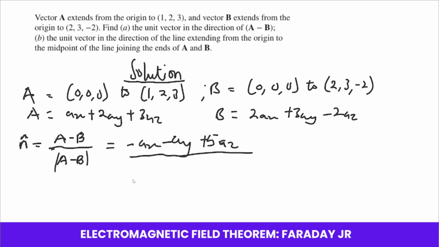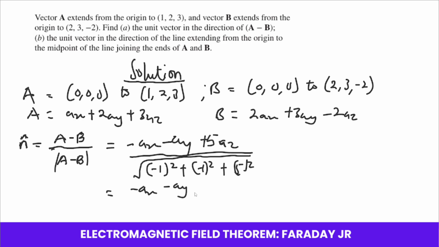All that over the magnitude, that is negative 1 all squared plus negative 1 all squared plus 5 all squared. So this is negative ax minus ay plus 5az.